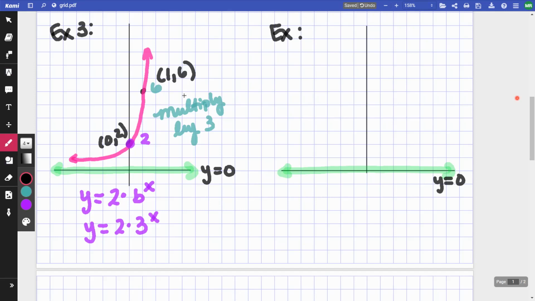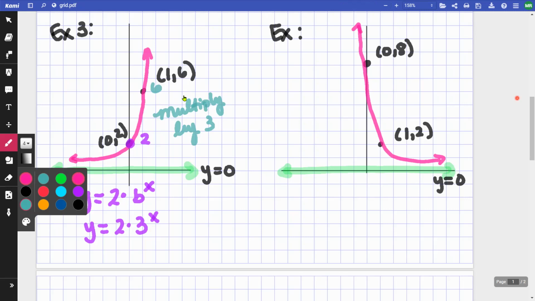And let's say we have a point at 0, 8. 1, 2, 3, 4, 5, 6, 7, 8. So we have one at 0, 8. And let's say our next one is down at 1, 2. Okay, so here's my graph.